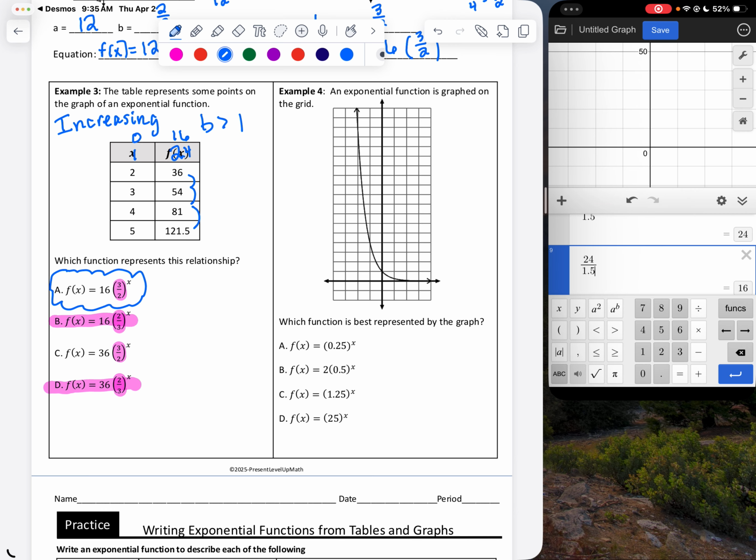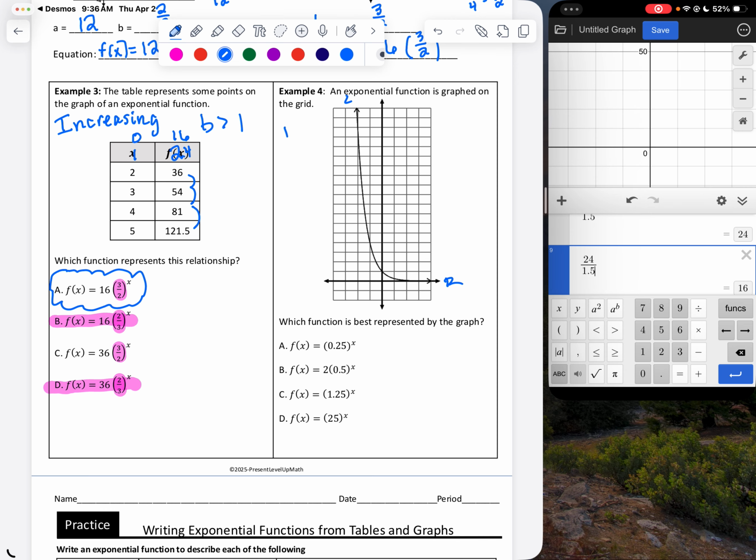All right. Example 4, an exponential function is graphed on the grid. Which function is best represented by this graph? So the first thing you want to do is ask yourself, is this exponential function increasing or decreasing from left to right?